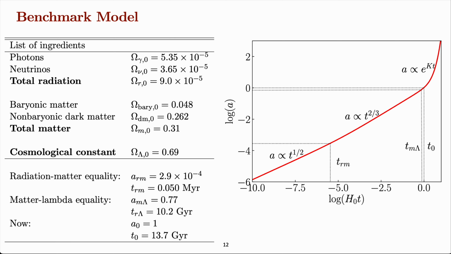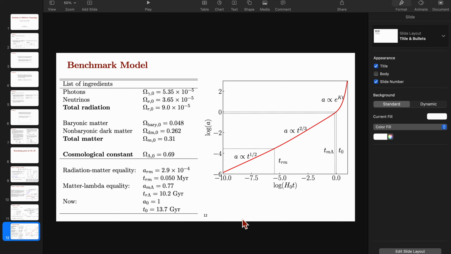So it's pretty recent. And the time is 10.2 gigayear. Note that the age of the universe is 13.7 gigayear. Now A0 is equal to, as I said several times. Okay, thank you.